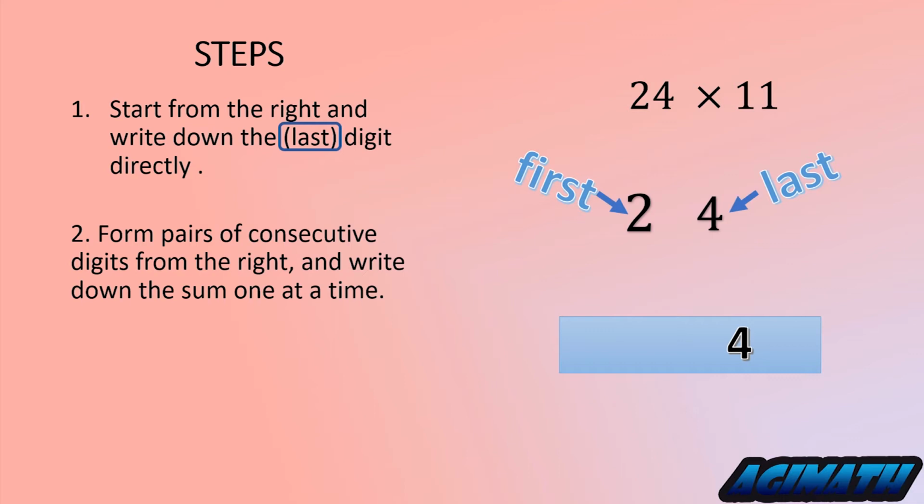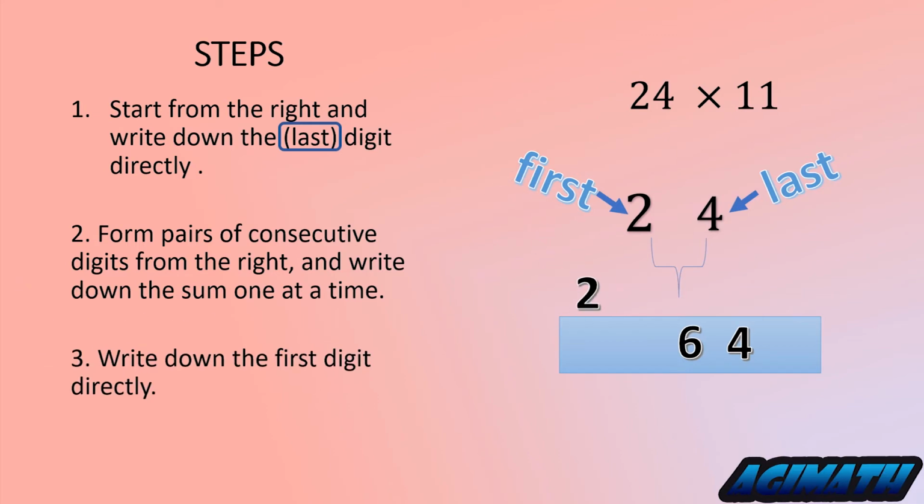The first and only pair, because we only have 2 digits, are 2 and 4. The sum of 2 and 4 is equal to 6. So we write down the sum right next to 4. So we have 6. And then, since we do not have another pair to form, we can write down the first digit, which is 2. Isn't that real fast?